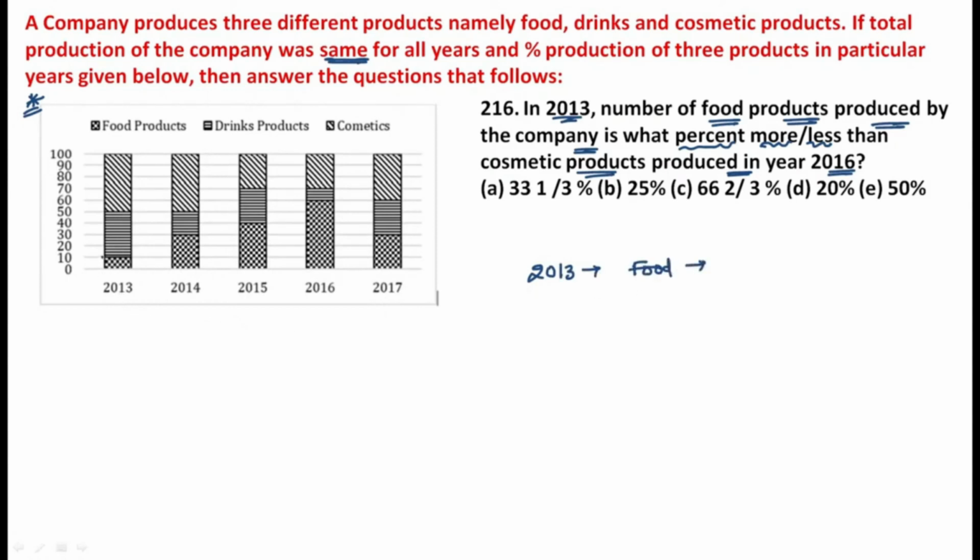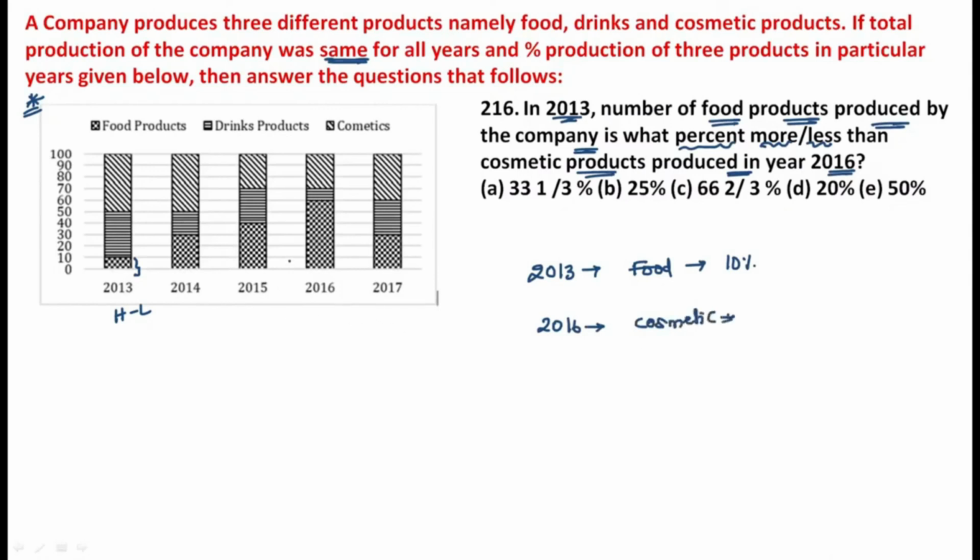For food products, you consider the higher value minus the lower value, which indicates the exact percentage value. So 10 minus 0 is exactly 10%. In 2016, you have to identify the percentage value of cosmetics.